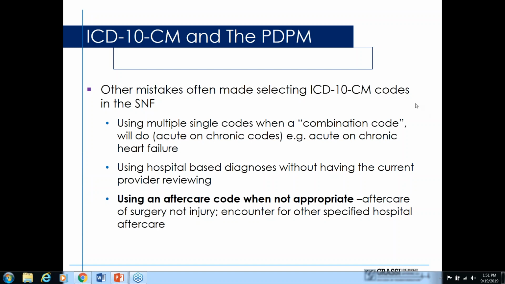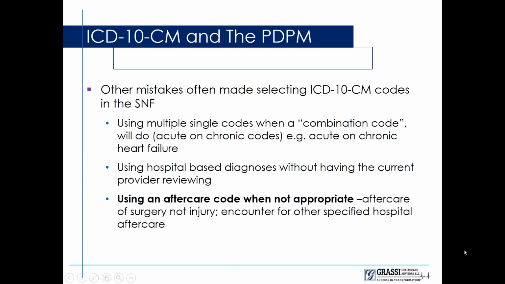I would make yourselves familiar with them. Again, using the hospital-based diagnosis without having a current provider reviewing it. Using an aftercare code when not appropriate, right? Aftercare of surgery, not injury, and encounter for other specified hospital aftercare, right? You have to have your own principal primary diagnosis of why the patient is being admitted to the facility. Next slide.